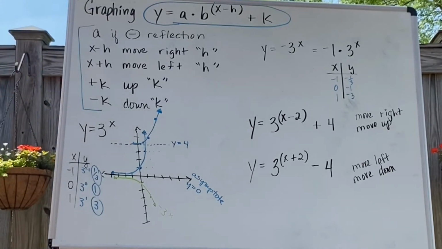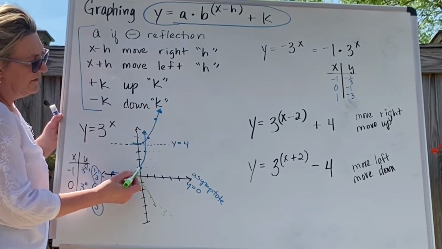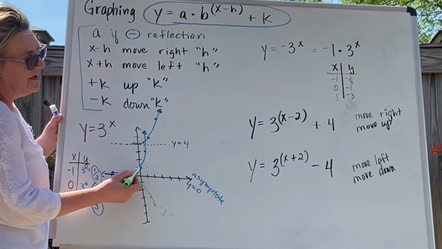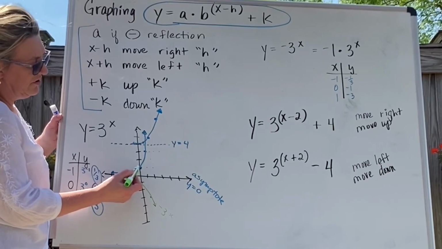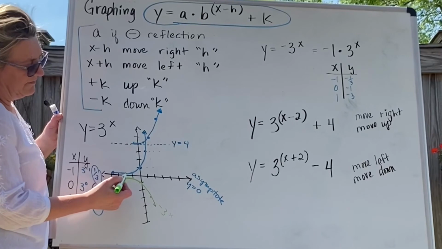The final one, y equals 3 to the power of x plus 2, subtract 4. Since it says x plus 2, that means I'm going to move left 2. And since it says minus 4, I'm going to go down 4. So I'm going to go back to the parent graph. Let's use the y-intercept, and let's move it left 2, and then go down 4.